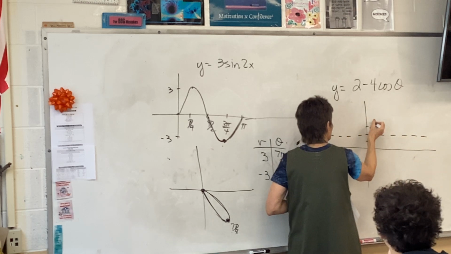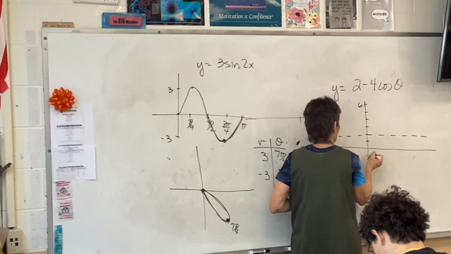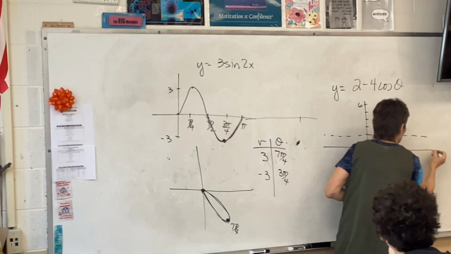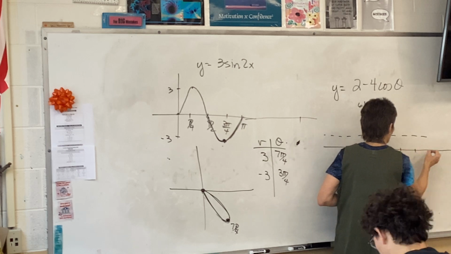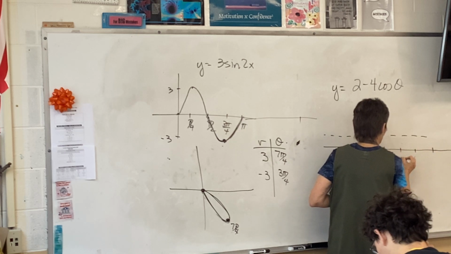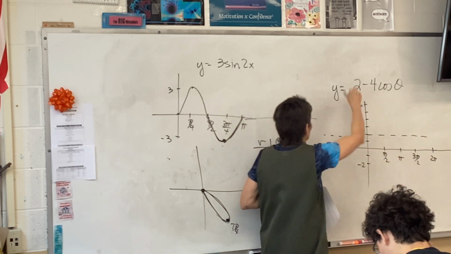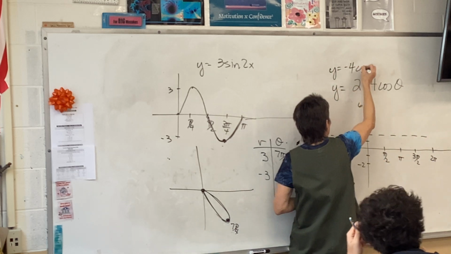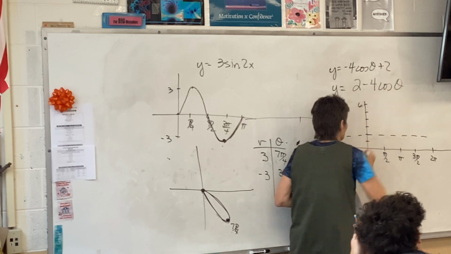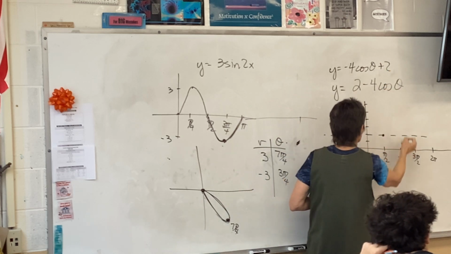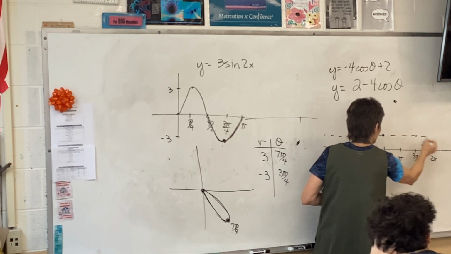Amplitude is 4, so this is kind of like the one we already did. The difference is now it's going to be upside down, because of the negative. I like to think of it as negative 4 cosine plus 2. So it's going to start down here, cross here, peak here, cross here, and down here.